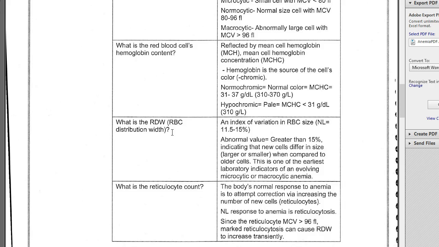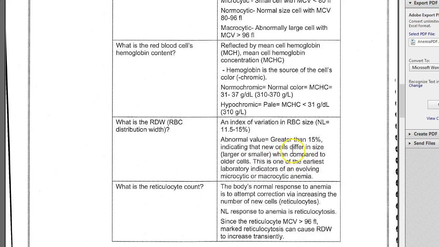Sometimes on a smear you'll see this reported as anisocytosis, at the bottom of your peripheral smear on your CBC. But anyway, when it's elevated, that means that RBCs are of varying size. So abnormal value is greater than 15%.